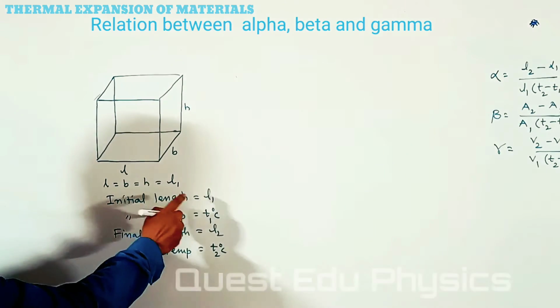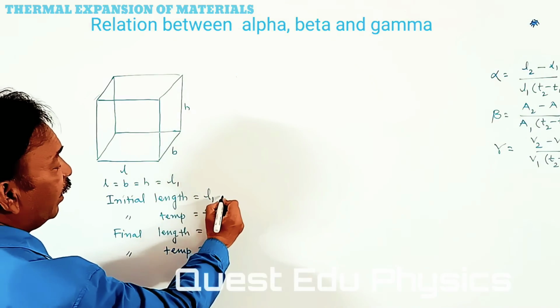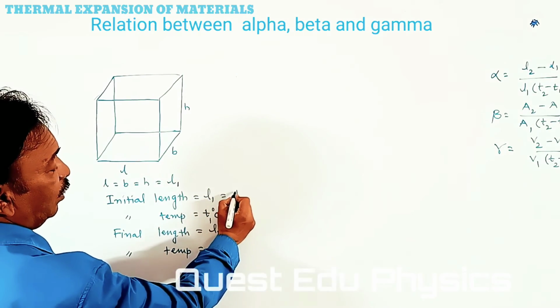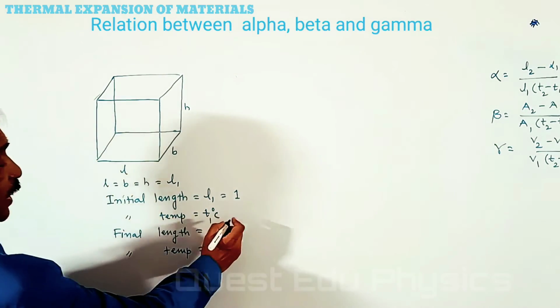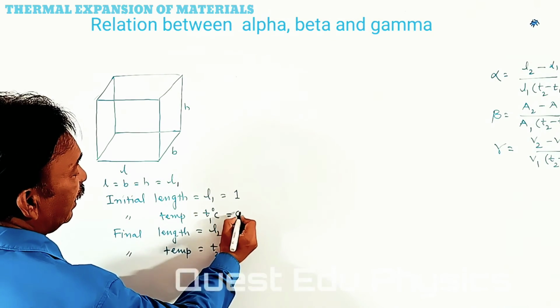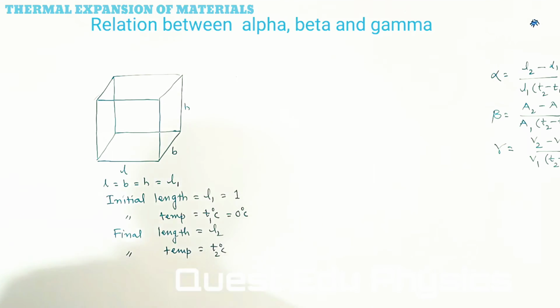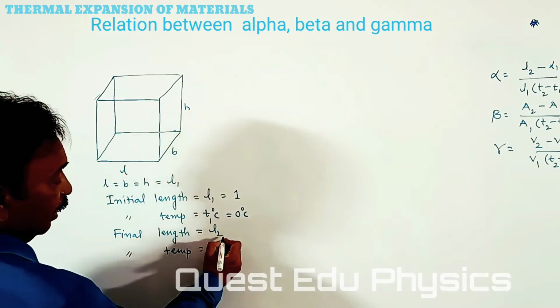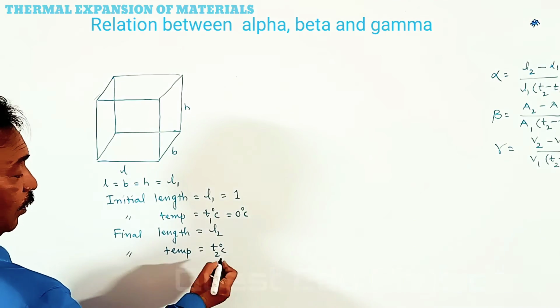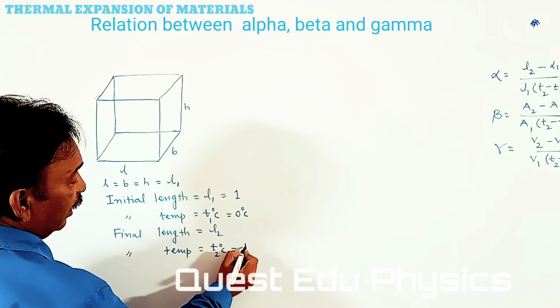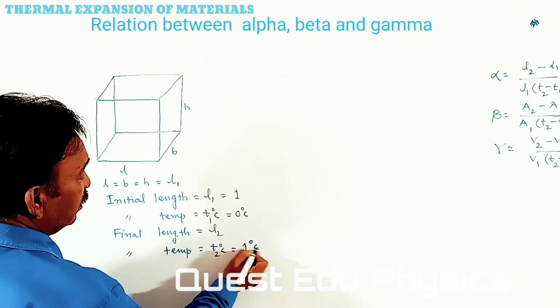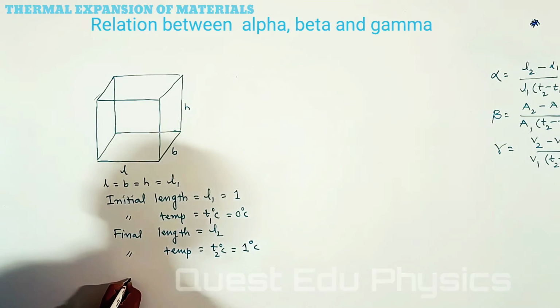Okay, let's say the initial length L1 is 1 unit. We're taking it as the 1 unit. And initial temperature is taken as 0 degree centigrade. Okay, final length is L2 only. And final temperature is 1 degree centigrade, students. We had an equation, students.